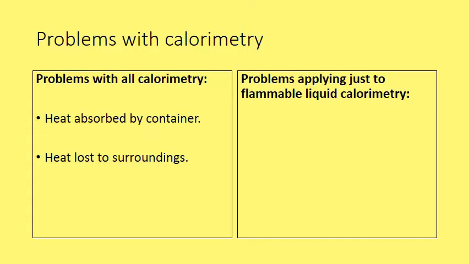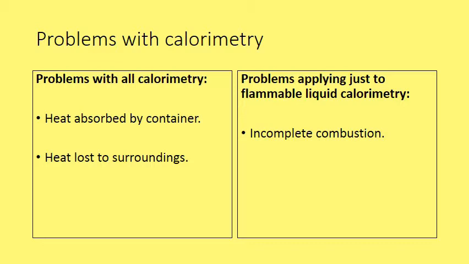But there are also some problems that apply just to flammable liquid calorimetry, for example when you're burning a fuel and heating up a liquid. When you're burning a fuel, inevitably not all of the combustion is going to be 100% complete, i.e. giving you water and carbon dioxide. So you're going to get some incomplete combustion, maybe giving you some carbon monoxide, or even some carbon, or even some volatile organic compounds coming off.